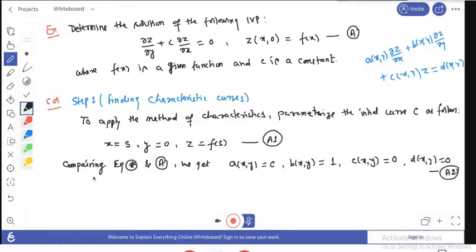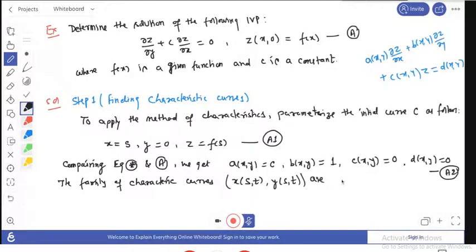So the family of characteristic curves is denoted by x, which is a function of the parameters s and t, and we have to find the values of x and y in terms of the parameters s and t.